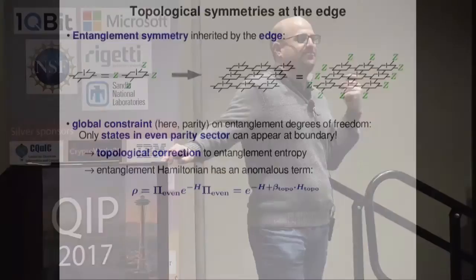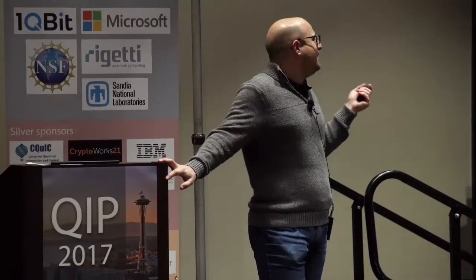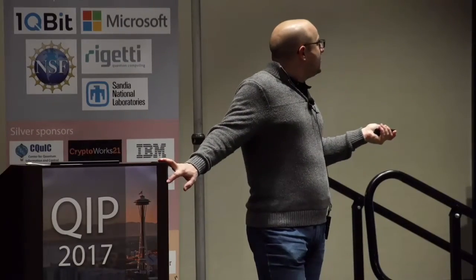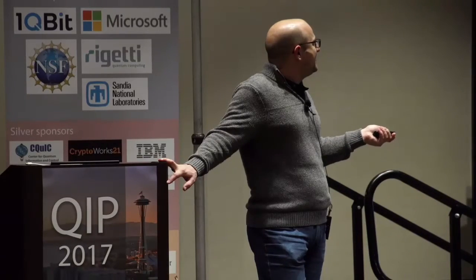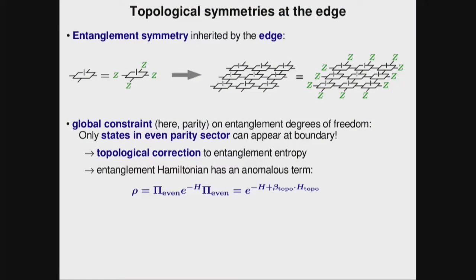It's nothing which I can obtain as any thermal state of any local interaction. So one way to understand it is to say I have a local Hamiltonian, and then I have to add a second term, which is a non-local term and a non-local projection, which hits the system like an infinite temperature. It's completely unphysical, both the temperature and especially the locality structure. So that's kind of an anomalous term showing up in this Hamiltonian.